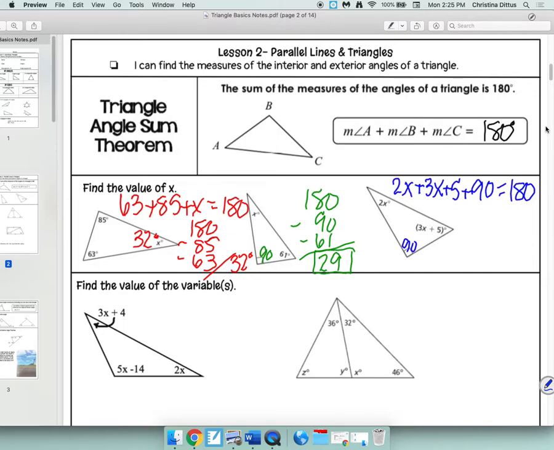So how much total x do I have? 5x. 5x plus 95. Subtract your 95 and we're left with 85. 85 divided by 5, then we get 17.